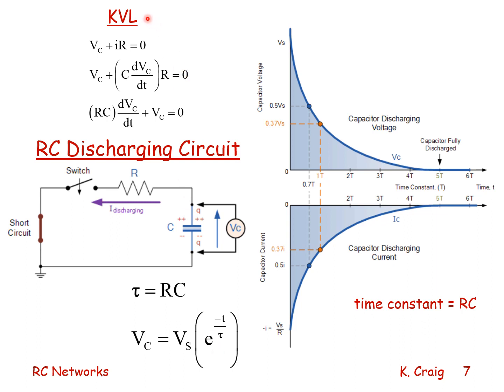If you write Kirchhoff's voltage law for this circuit, it says that the sum of the voltages around a closed loop is equal to 0. I only have 2 voltages, the voltage from the charged capacitor and the voltage drop across the resistor, VC plus IR equals 0.